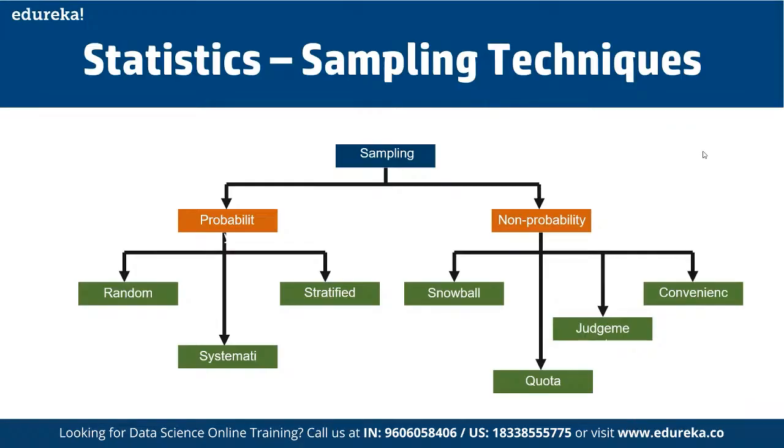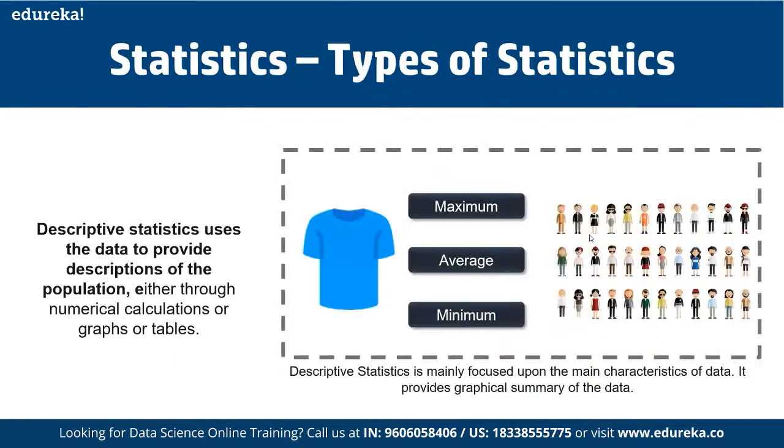Now, there are two types of statistics: descriptive and inferential statistics. Descriptive statistics is when we are trying to describe the kind of data we are working with. In general, it describes what the data has and what it covers and much more.